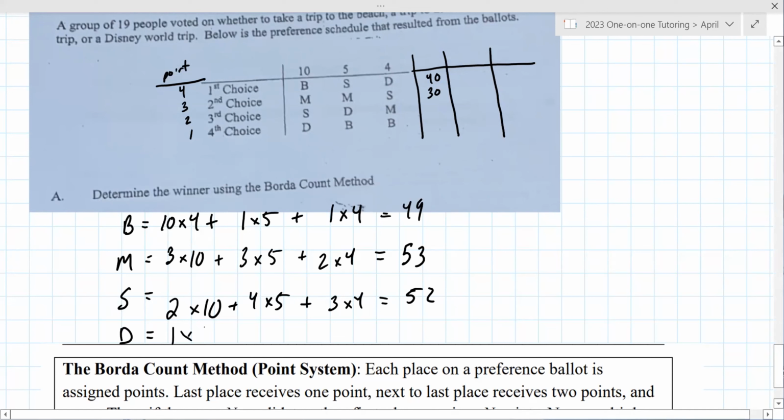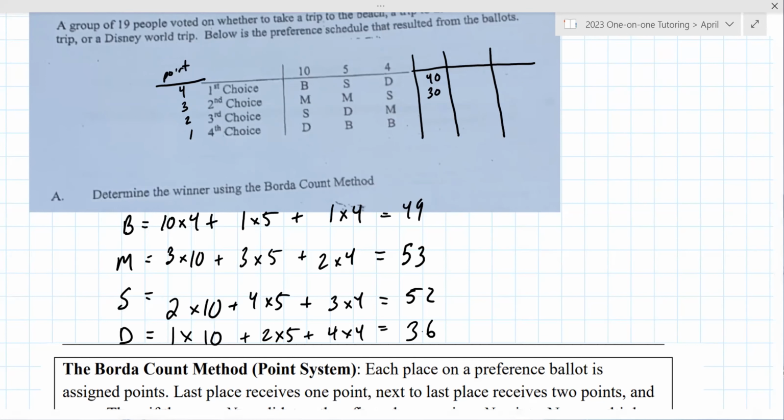So that's 1 times 10 plus 2 times 5 plus 4 times 4. So we got a really strong third. All right. So you just look for the biggest total. So the 53. So M wins.